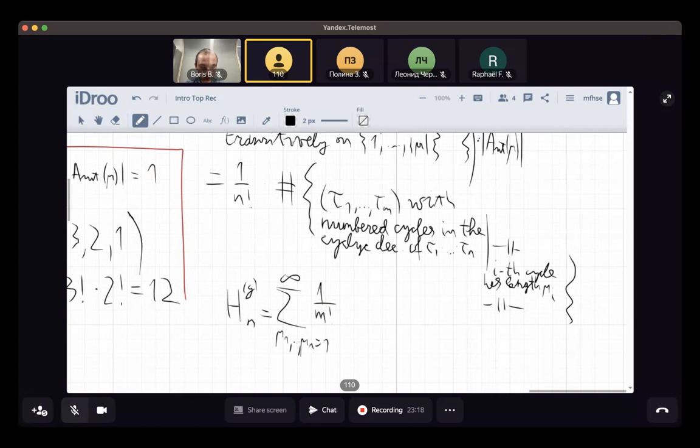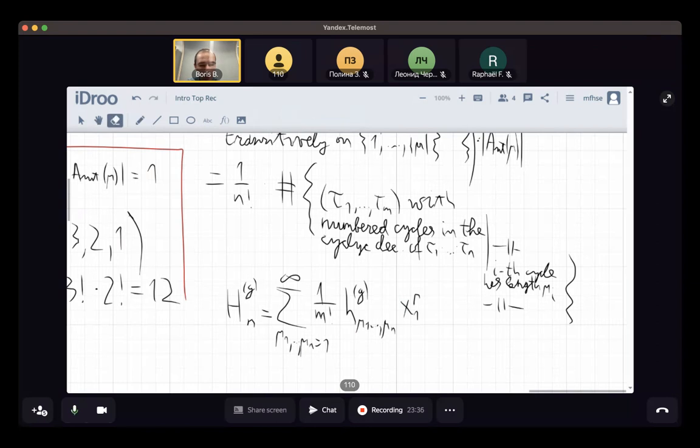Times h_g of mu_1 through mu_n. We usually write just mu instead of mu_1 through mu_n. Let's maybe write mu, so as not to mess with more general Hurwitz numbers.